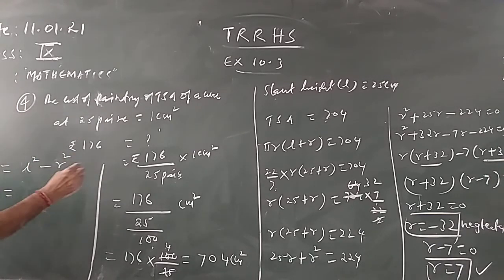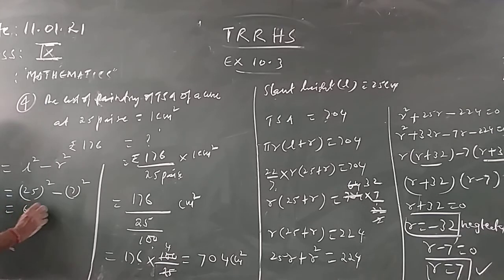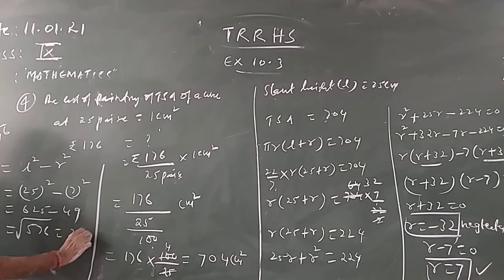The slant height l is 25, so 25 square minus 7 square. 25 square is 625, 7 square is 49. 625 minus 49 is 576. So h equals root 576, which is 24 centimeters. We got h equal to 24 centimeters.